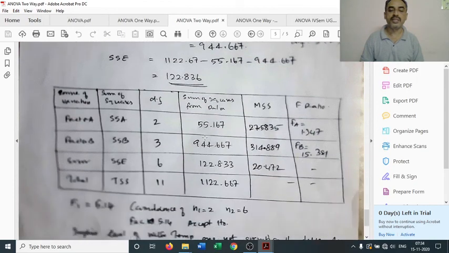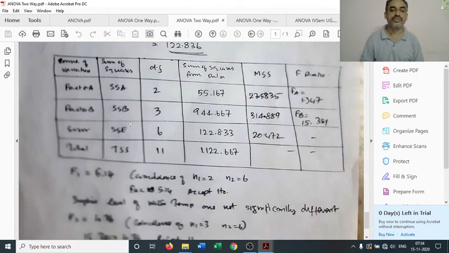So expressing all these things in the ANOVA table, the first two columns represent the various sums of squares and their respective abbreviations. For degrees of freedom, SSA has 2 because there are 3 rows, 3 minus 1, and for the 4 levels of detergent, 4 minus 1, 3.